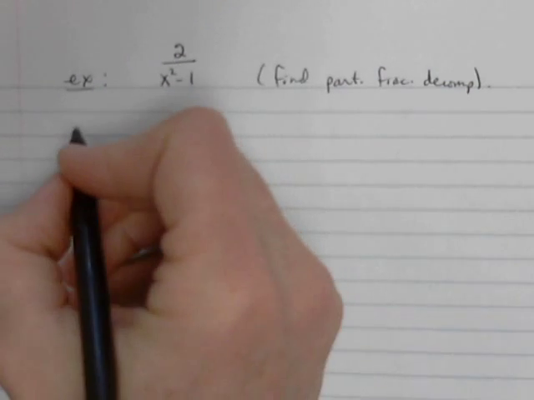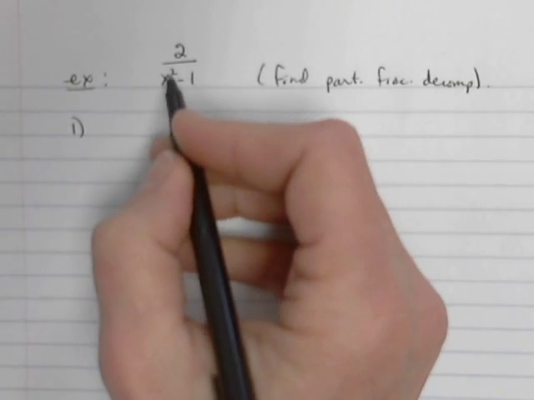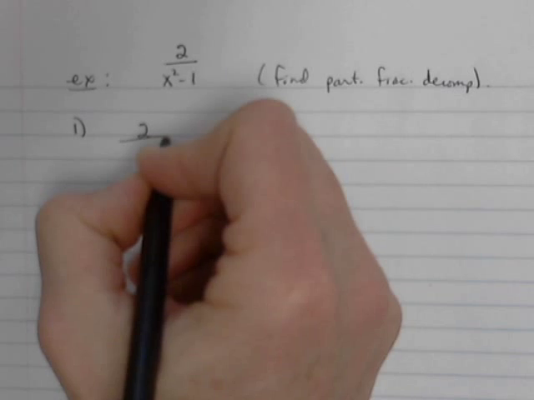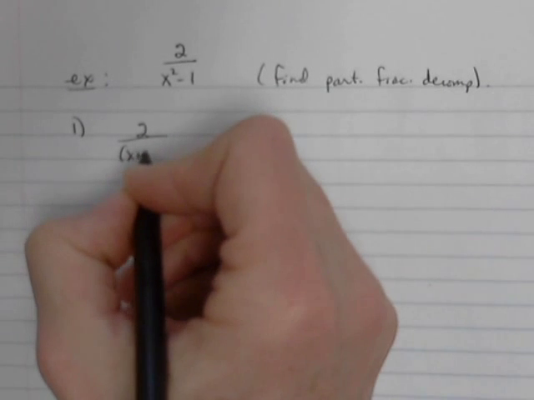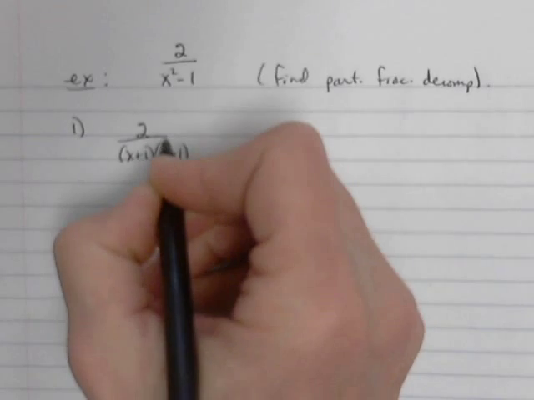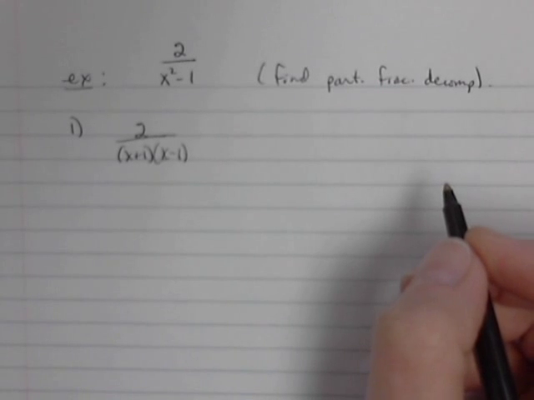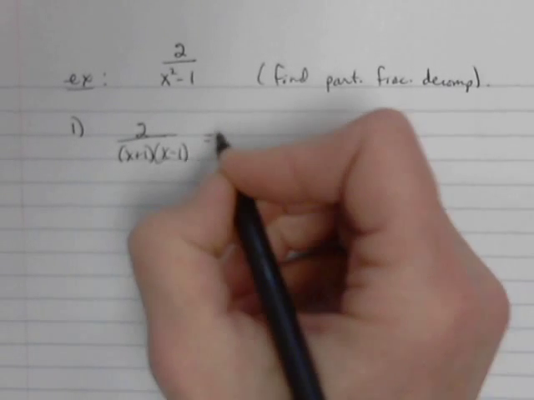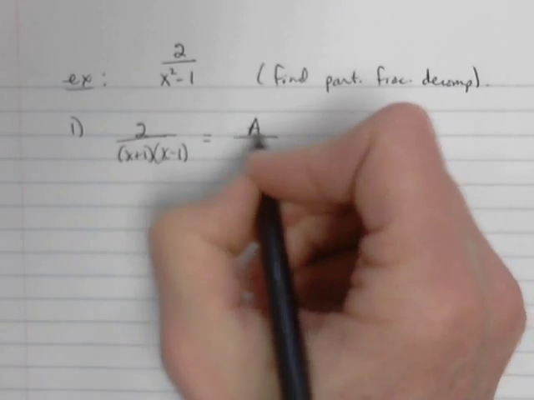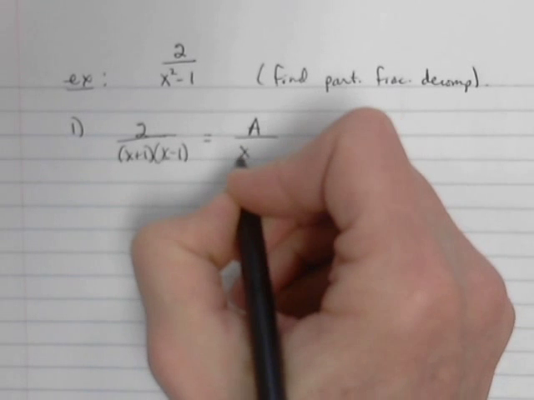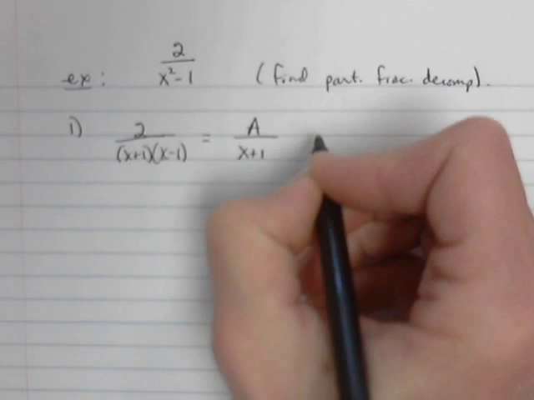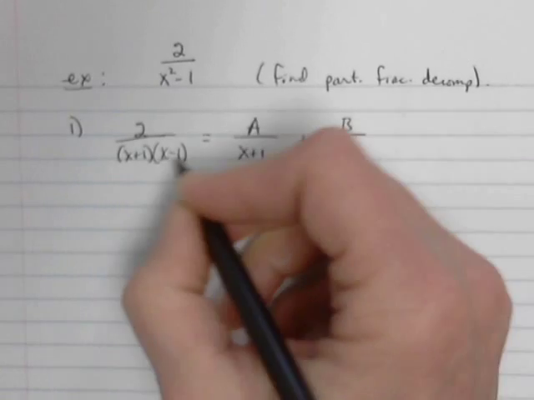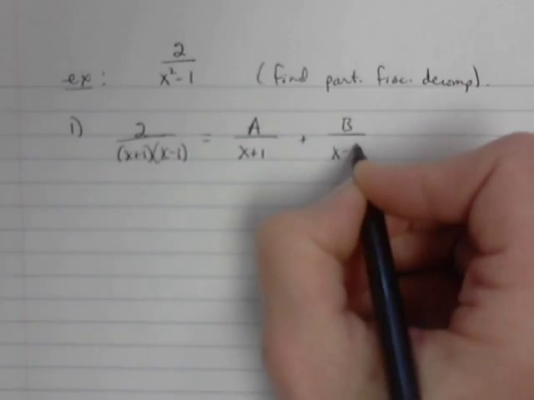All right, so step 1 says we're going to factor the denominator completely. So we have 2 over x plus 1 times x minus 1. And then we're going to set it up with a capital A over the first denominator, which is x plus 1, and a capital B over the second factor, which is x minus 1.